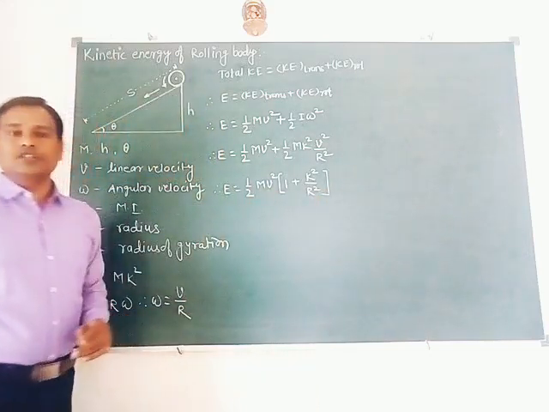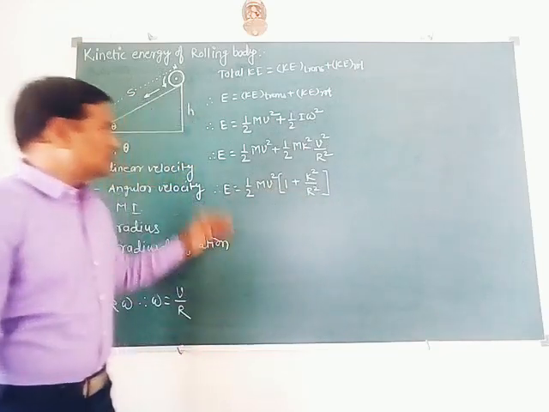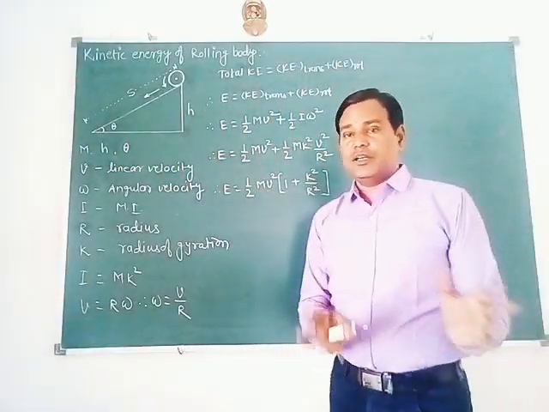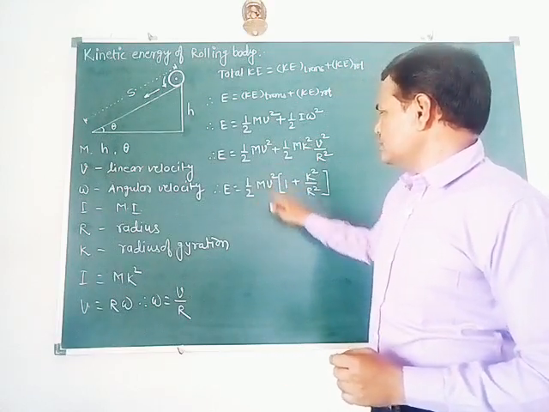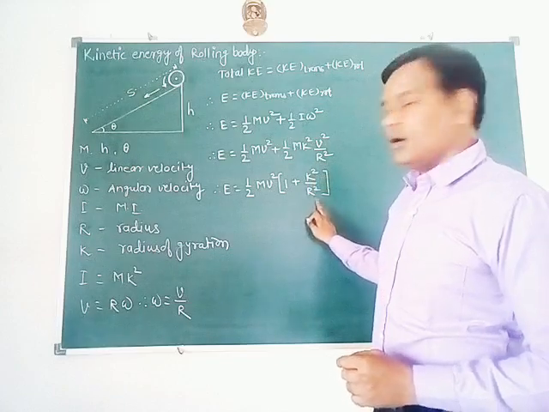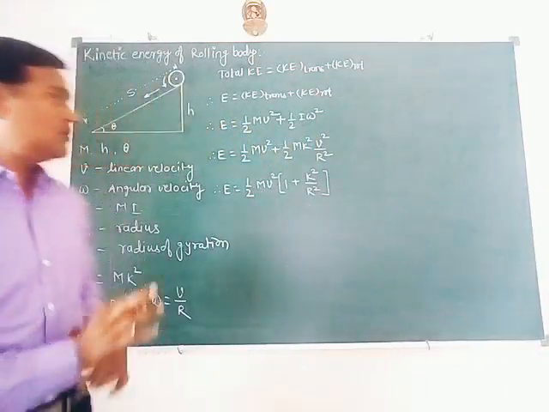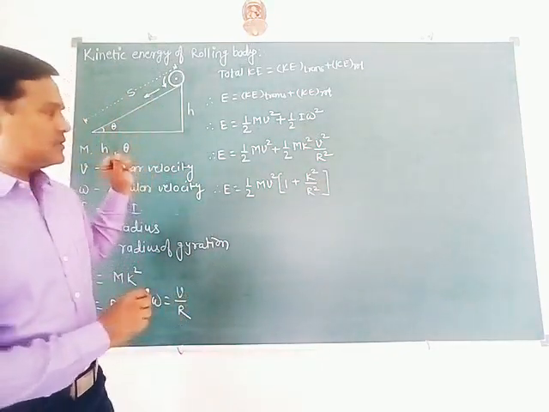So this is the relation for kinetic energy of a rolling body. The kinetic energy of a rolling body in terms of radius of gyration and radius of the object is 1 by 2 m v square into 1 plus k square upon r square. So this is the total kinetic energy of the object which is rolling on the surface.